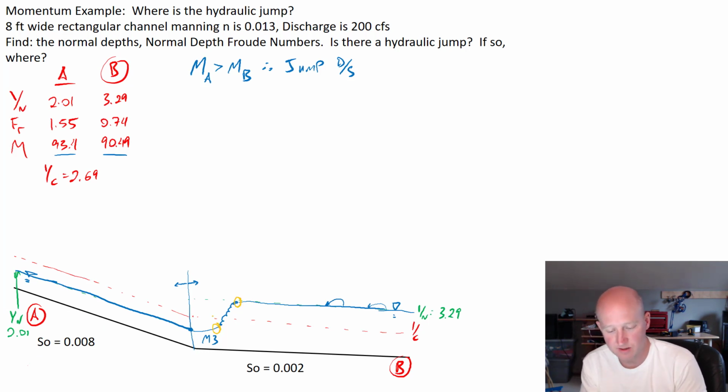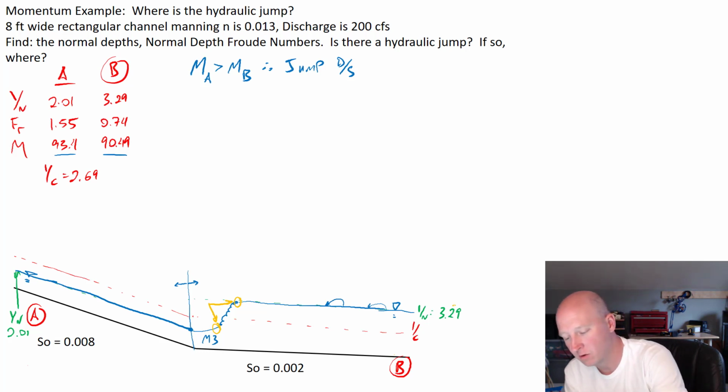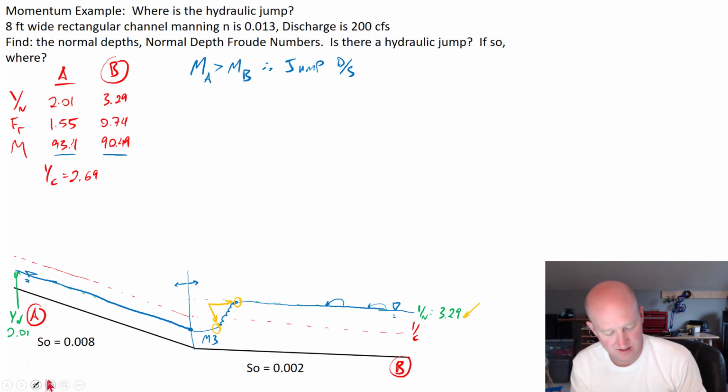So there's the conjugate depth. So these two are conjugate depths of each other, and on either side of a hydraulic jump, it's always the conjugate depth. And so what we need to do is find the conjugate depth of y normal downstream. We need to find this conjugate depth. So let me sketch that out again.